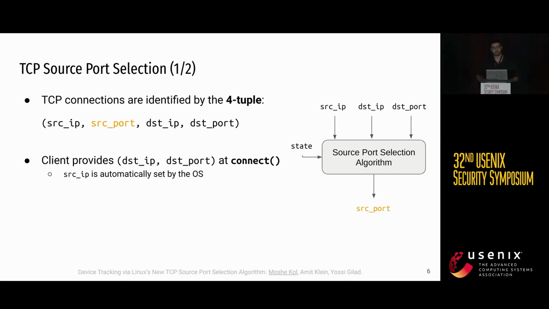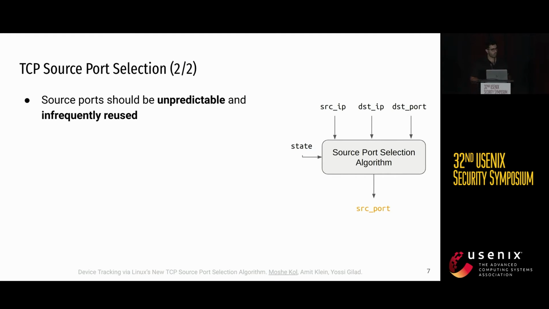When the client wants to connect to a service on the internet, it specifies the destination IP and destination port, and it's the job of the operating system to fill in the rest of the tuple. In particular, the operating system chooses the source port number, and it does this via a source port selection algorithm, which receives as input the source IP address, the destination IP, the destination port, and also a state, and outputs a source port number.